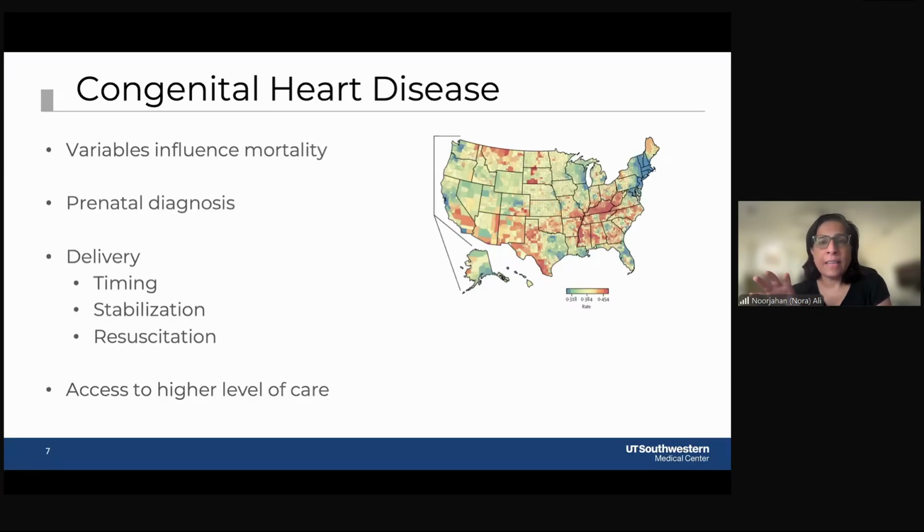And then we have these deserts like in North and South Dakota, where nobody wants to live because it snows a lot, where we don't even have a cardiac ICU for babies. So again, those are all the things we have to consider that impact mortality. Our goal is hopefully to start improving that and decreasing mortality for our babies.